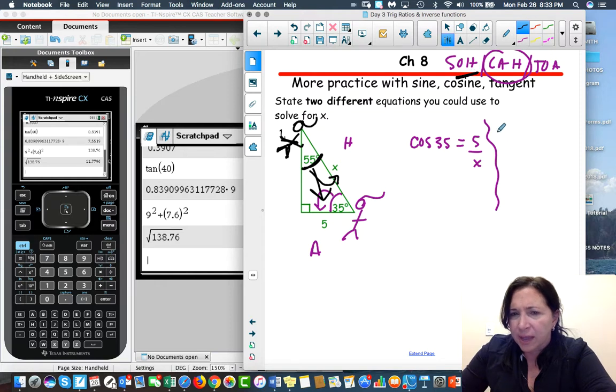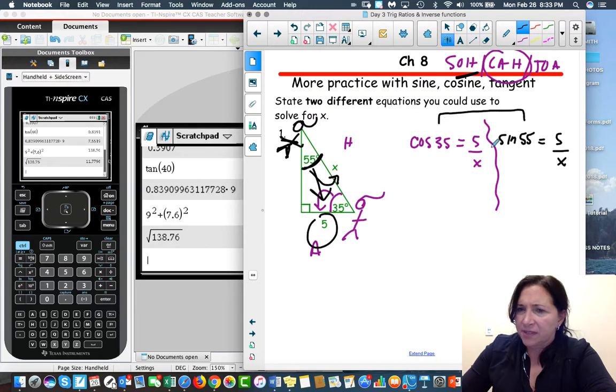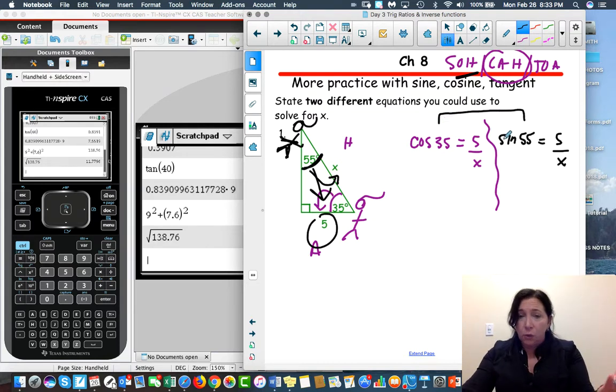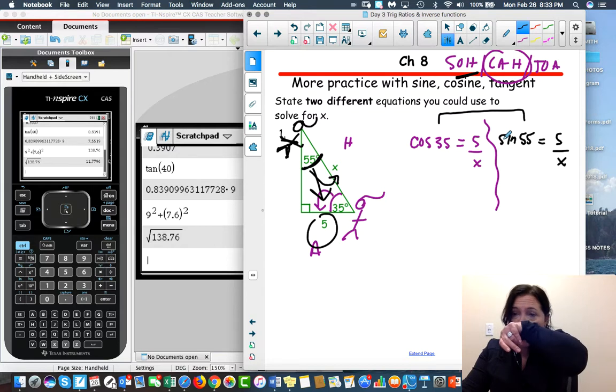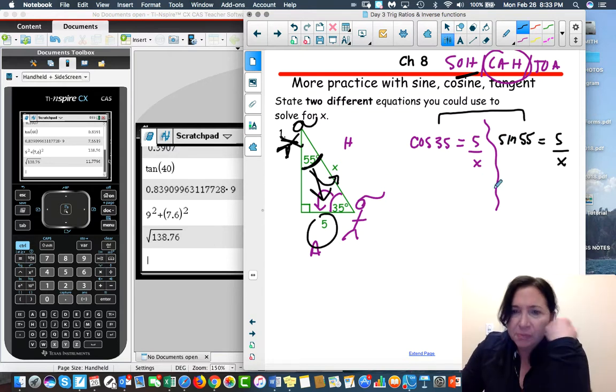So sine of 55 degrees is equal to the opposite side, which is 5, over the hypotenuse. Notice that these two angles are not the same, because I'm at two different vertices. So you just have to pick one.